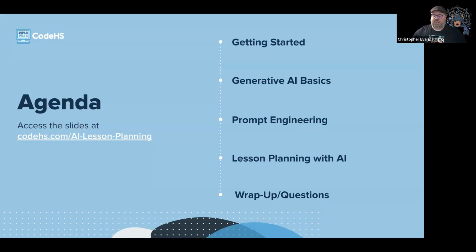Prompt engineering is just the best way to ask a chatbot for what you want to get the best results. So we're going to look at how to write your question that you're going to ask the AI so that you get the best response in return. We'll look specifically at using those resources for lesson planning, and we'll have a quick demonstration, and then we will wrap things up.